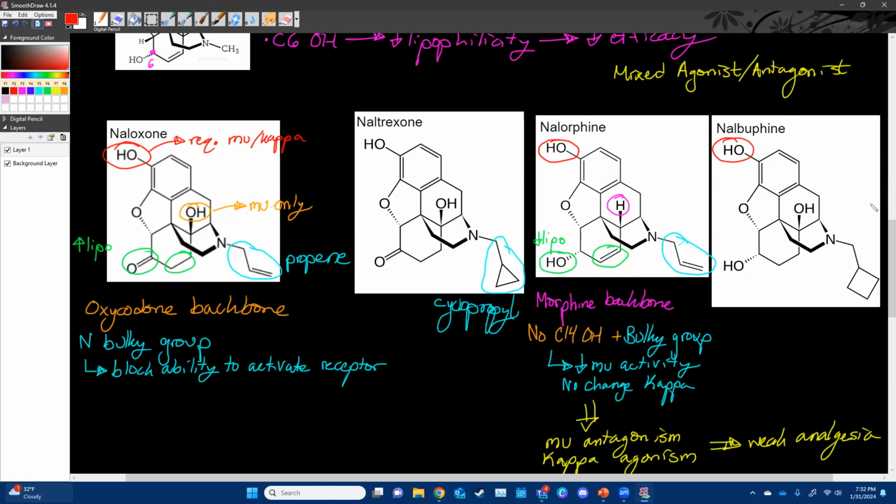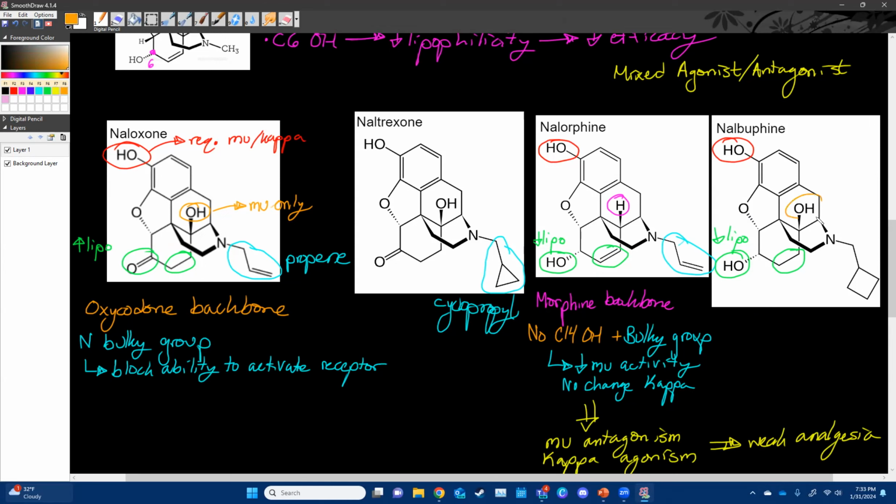So we have our C3 OH, so we're able to get to mu and kappa. Interestingly, we get rid of the double bond, but we keep the OH. So this is still going to decrease lipophilicity. So the drug is not going to be able to get into the blood-brain barrier very well, right?